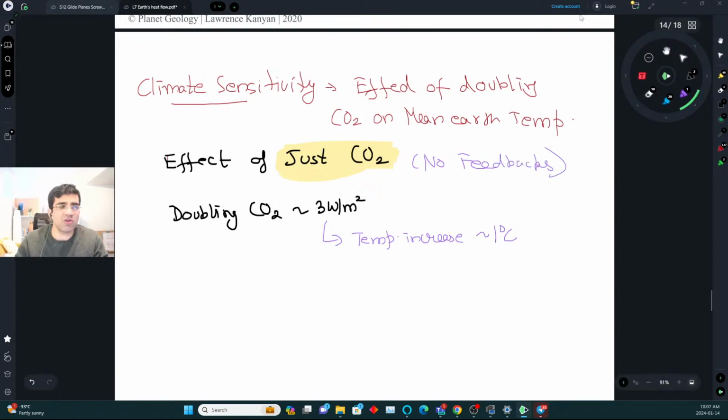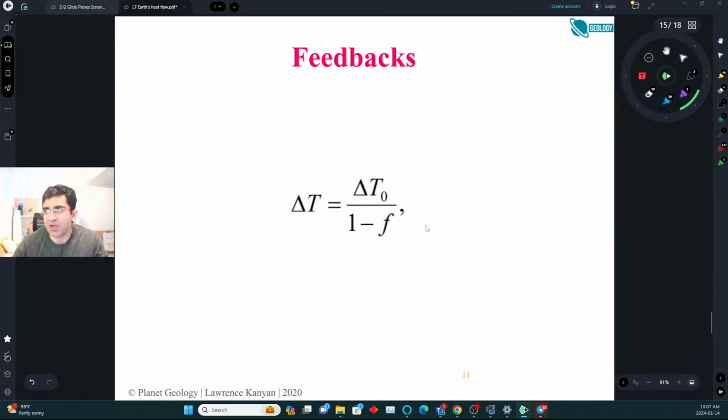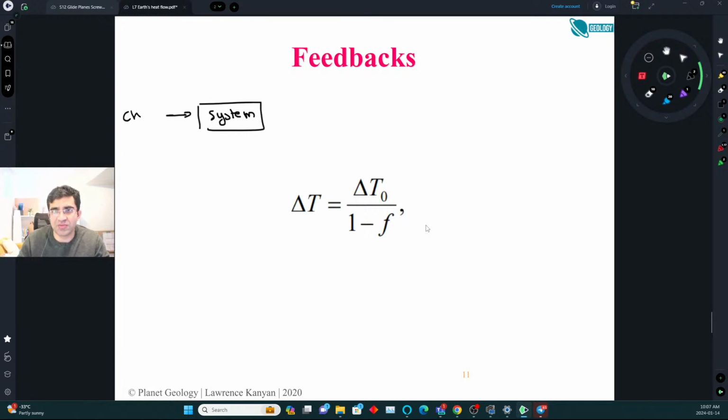Now there is a concept of what is called atmospheric feedback. A feedback is, let's say you have a system, and you disturb that system by some change. That change could be, for example, increased radiative forcing.